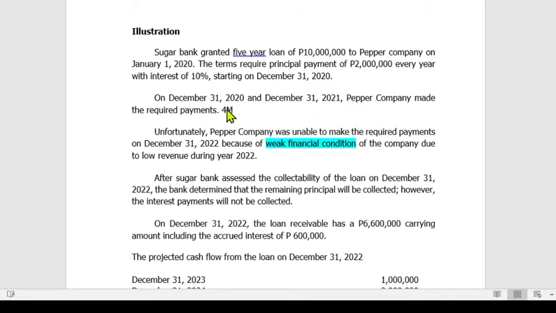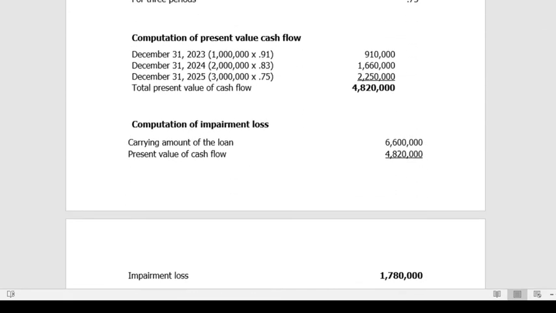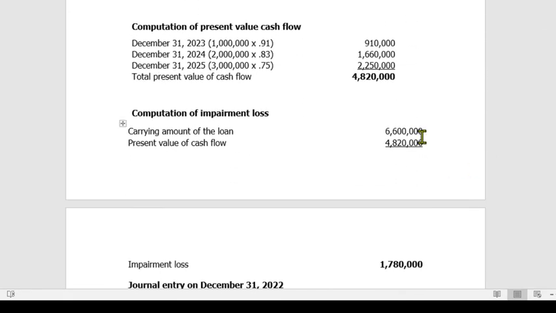So, 4 million na ang naibayad dito. So, kung 4 million ang naibayad dyan, 10 million yung principal ng loan. 10 million minus 4 million is 6 million. Eh, merong interest na 10% every year. So, 6 million times 10% is 600,000. Kaya ang carrying amount of the loan is 6,600,000.